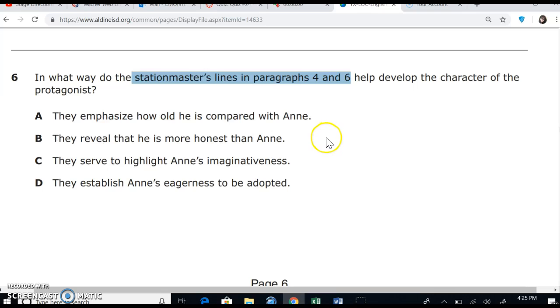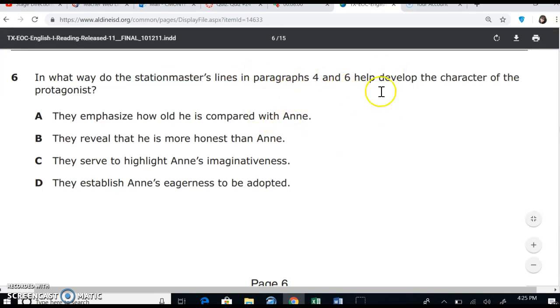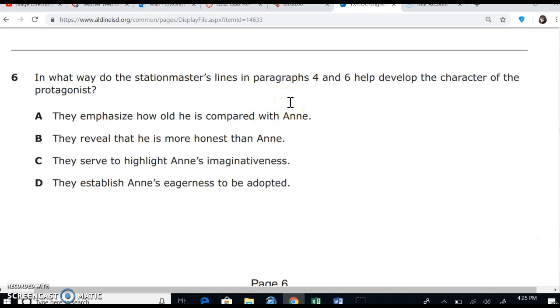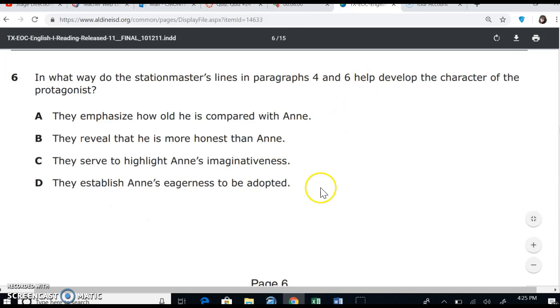So your focus is there. So you're going to have to go back to paragraphs 4 and 6. And based on that, you're going to come up with your answer. Keywords are letter A, they emphasize, they reveal, they serve, or they establish, okay? So then go ahead and look at that.